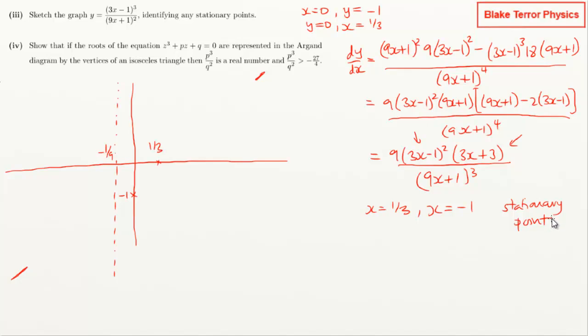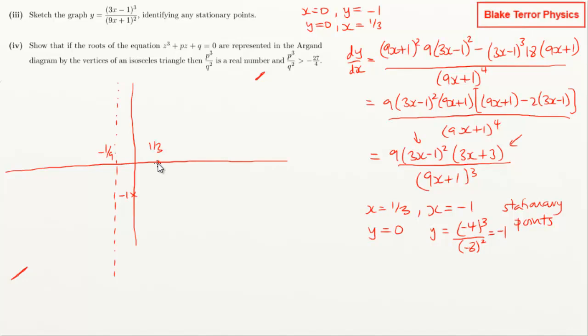But when x is a third, then we know that it's on the x-axis, y is 0. Okay, so that's already come up. So when x is minus 1, we're getting y is (-4)^3 over (-9+1)^2, (-8)^2. So what's that going to be? Minus 1. Okay, so we've got a turning point. Minus 1, minus 1.